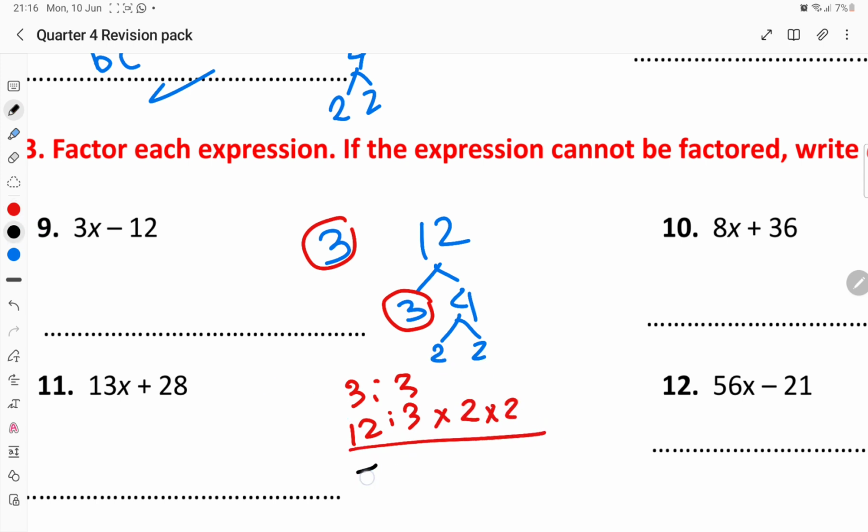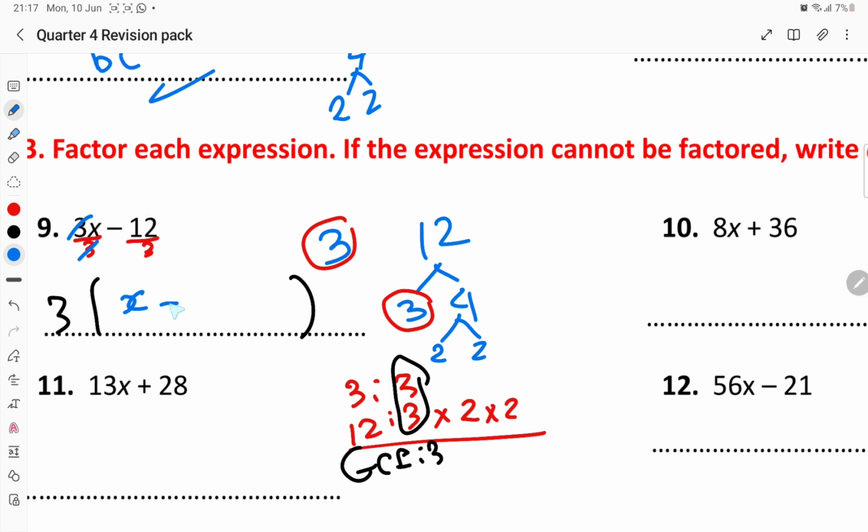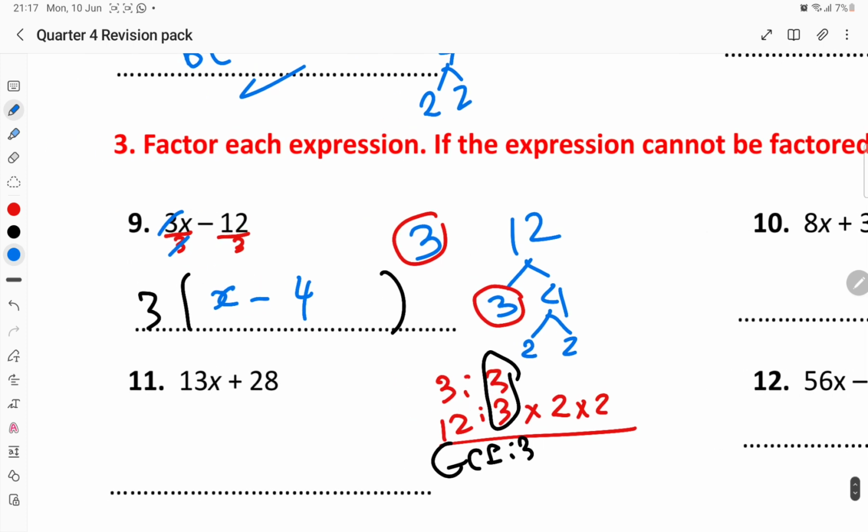If you need to find the GCF, you're going to find here the 3 is common. So 3 common, open a bracket. And the common factor that you got, divide each term by it. 3x divided by 3 is x. You have a minus, keep the minus as it is. 12 divided by 3 is 4. And this is the factoring of the expression.